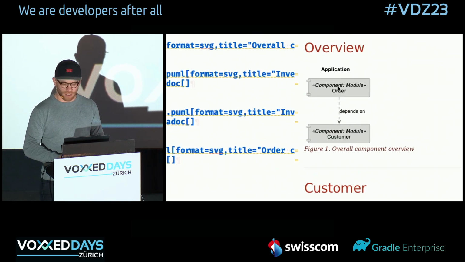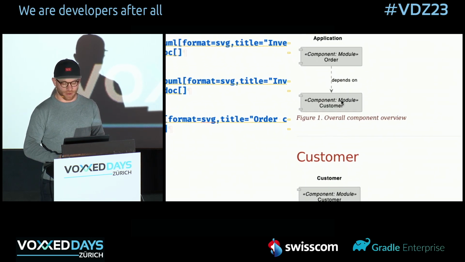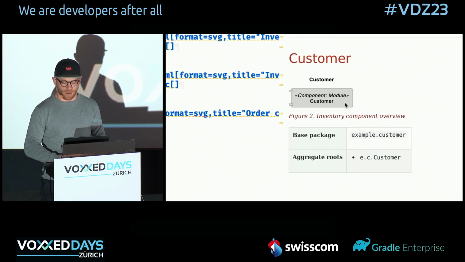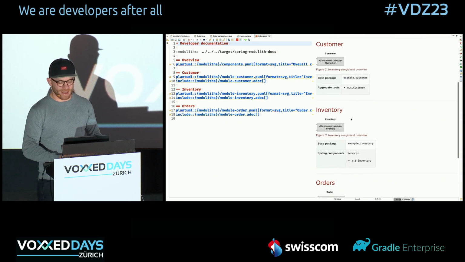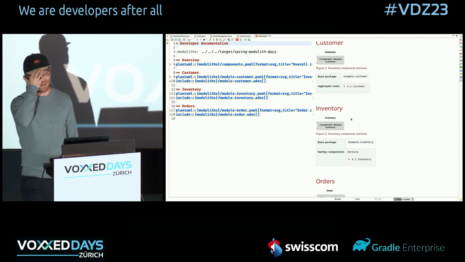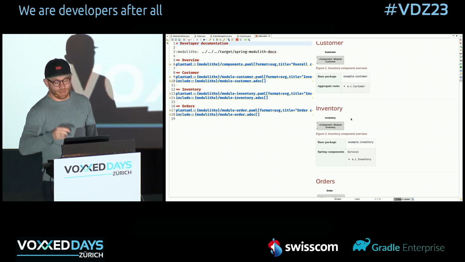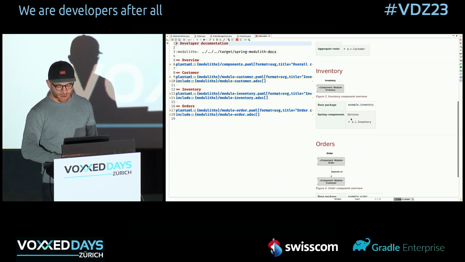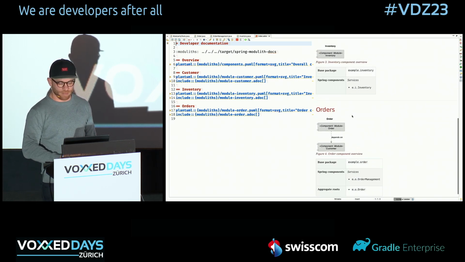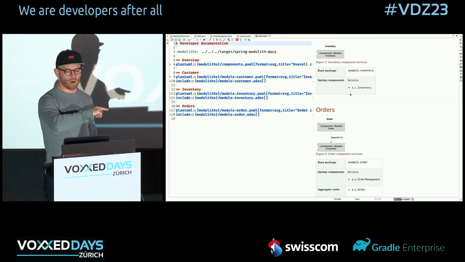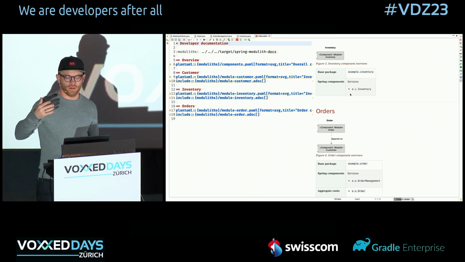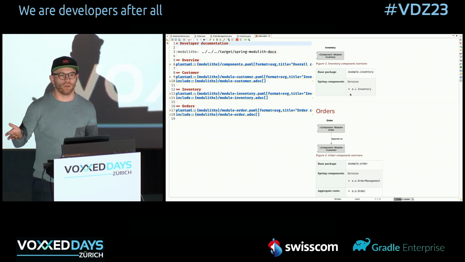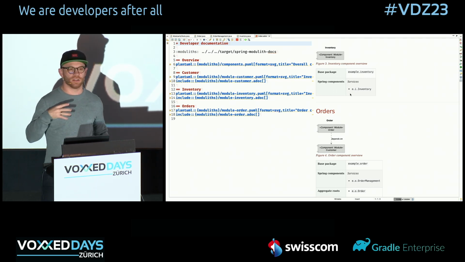So the overall architecture diagram, component diagram, plus, and that's what you see down here, tables that we call application module canvases. They look pretty simplistic. They're going to look slightly more complicated later on. But they basically gather interesting information about the individual modules on exactly what I just described, right?